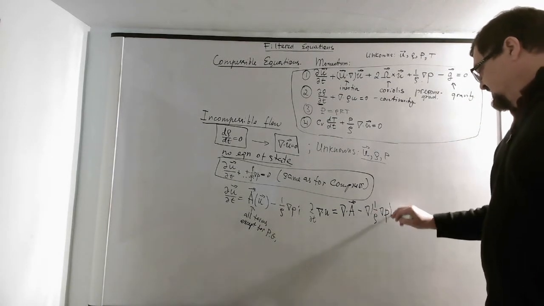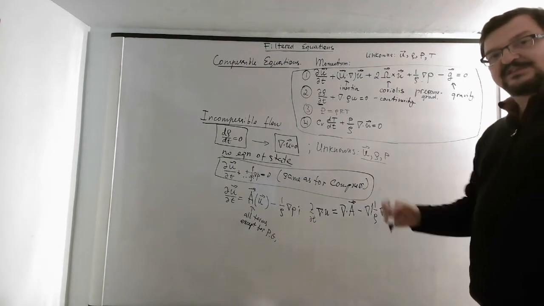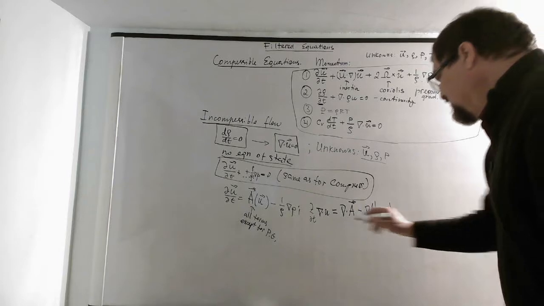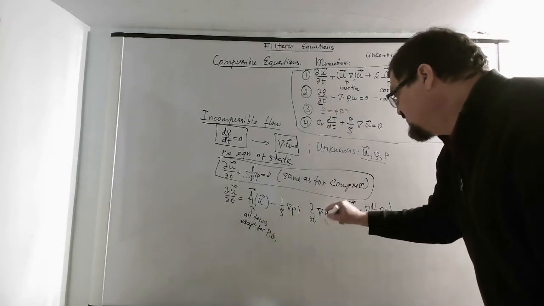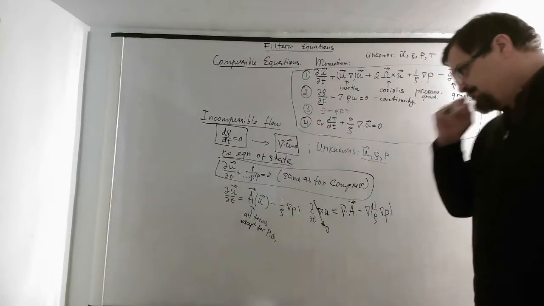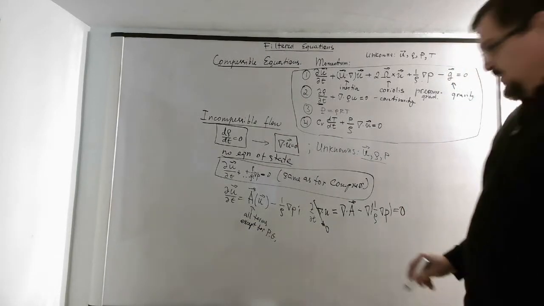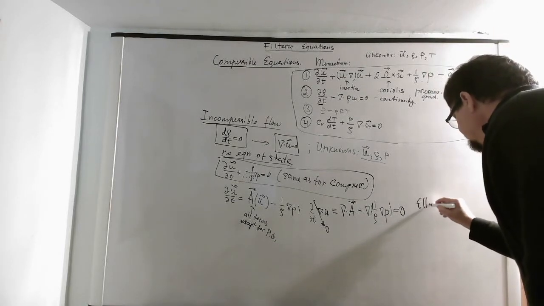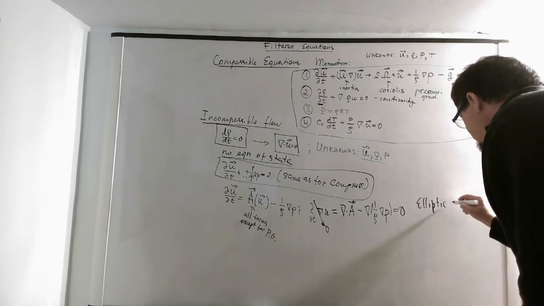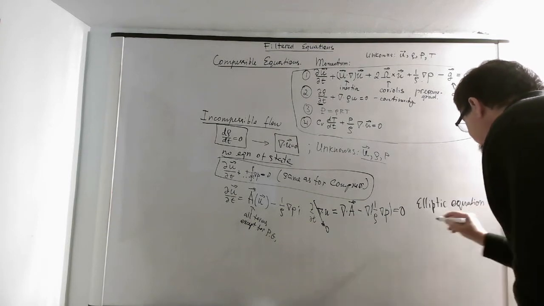So what is this? This is basically the Laplacian. So it's an elliptic equation. And this term, because of the divergence equation, equals 0. So now we have an elliptic equation for pressure.